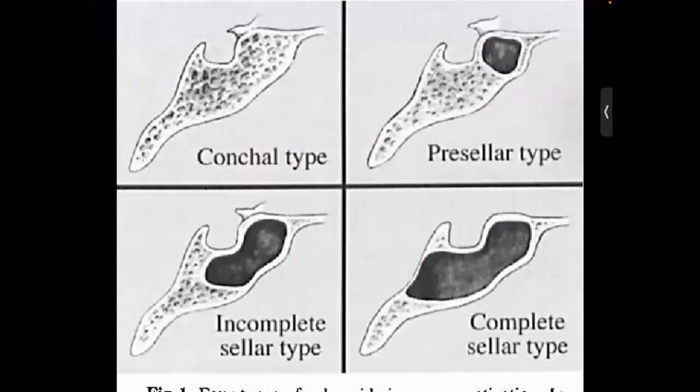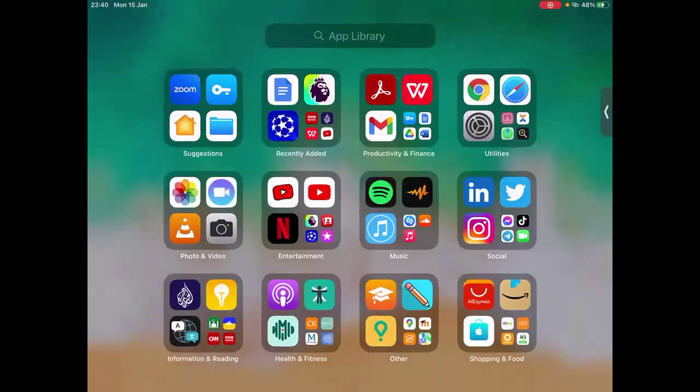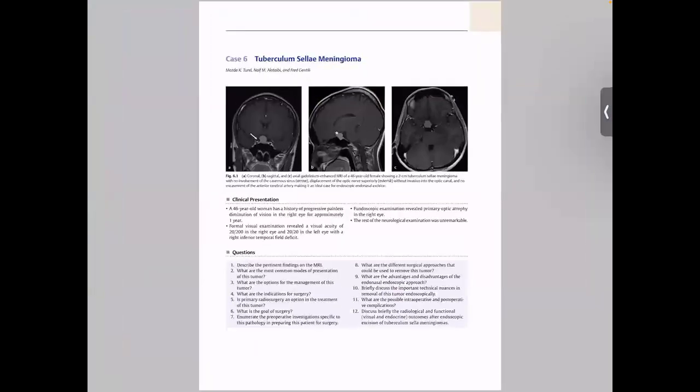Then the presellar is where the sinus cavity is anterior to the sella. And then we have the sellar type, which can be complete or incomplete. And in this patient, we have a complete sellar type of pneumatization.